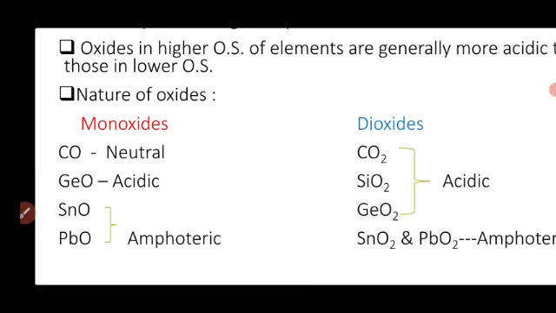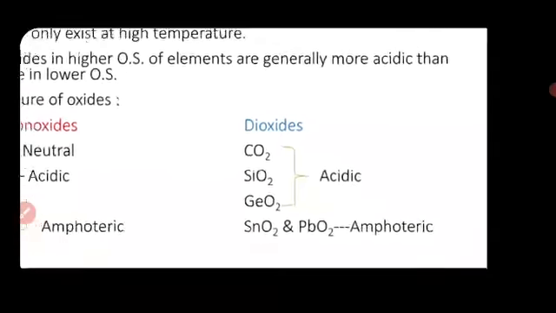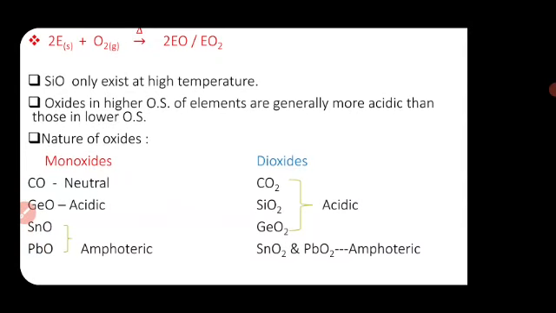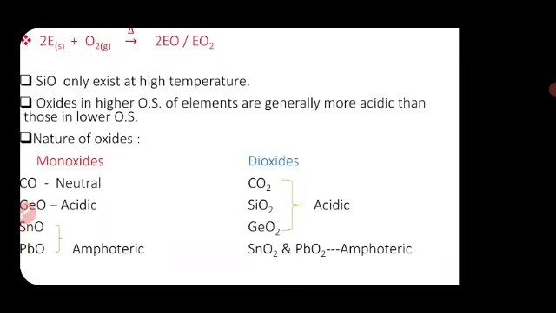Whereas in dioxides, the first three oxides, CO2, SiO2 and germanium oxide, are acidic in nature because they are in higher oxidation state, and SnO2 and PbO2, these two are amphoteric in nature.